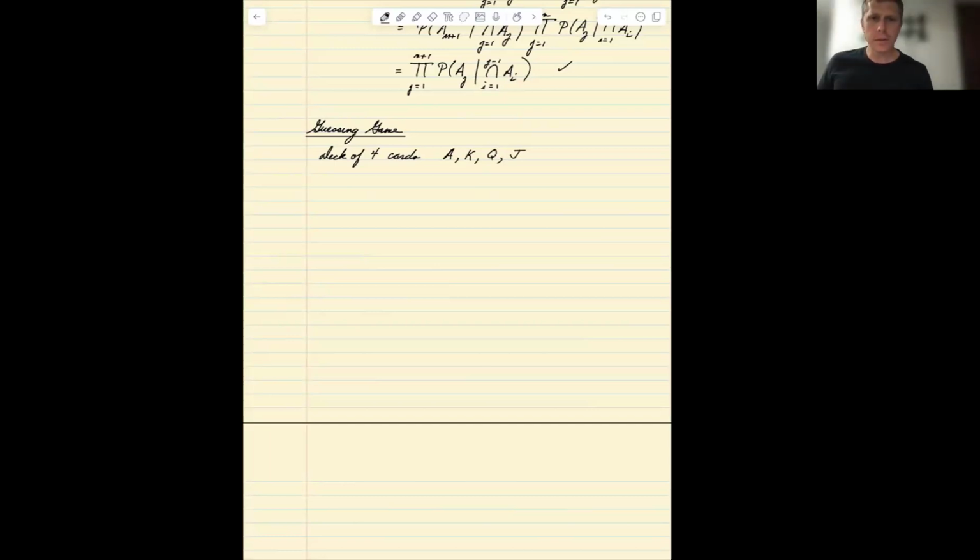The cards are shuffled and laid face down, and they're going to be turned over one by one.